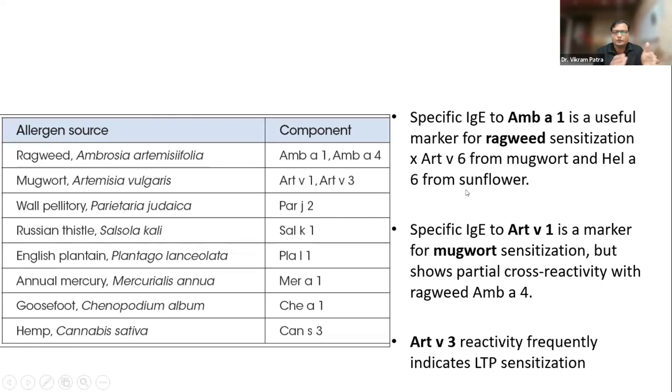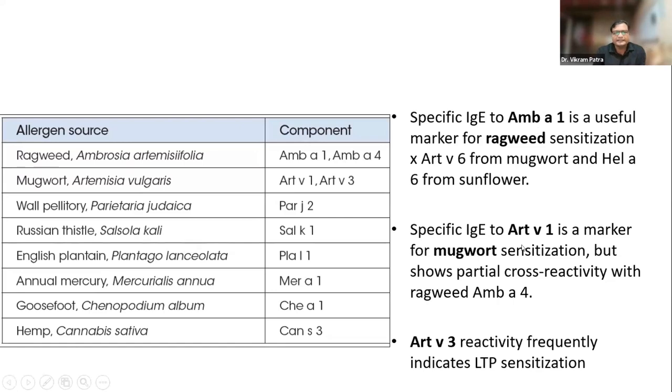So if a patient comes to us with a skin prick test positive for both ambrosia as well as artemisia, and you go for the component test, and you get Amb a 1 and Art v 6 positive, but Art v 1 is negative, then you will go for immunotherapy for ambrosia, because the primary sensitizer here is the ambrosia species, whereas Art v 6 came positive because of the cross reactivity with Amb a 1.